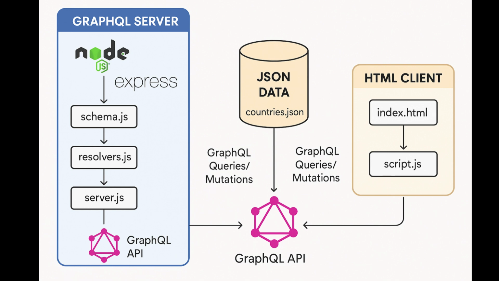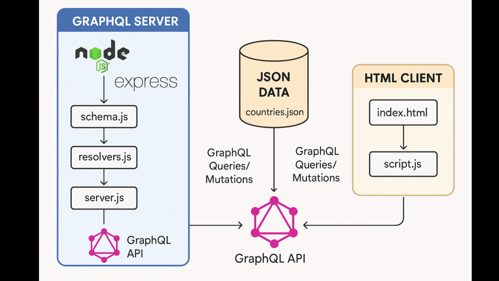So we are going to have a GraphQL server which will have a schema.js, resolver.js, and server.js, and then we will have an HTML client application which will contain index.html and script.js files. This complete application will cover end-to-end integrations, but for today, we are going to have a simple application with a simple query which will display the country information from a JSON data to an HTML front-end page.